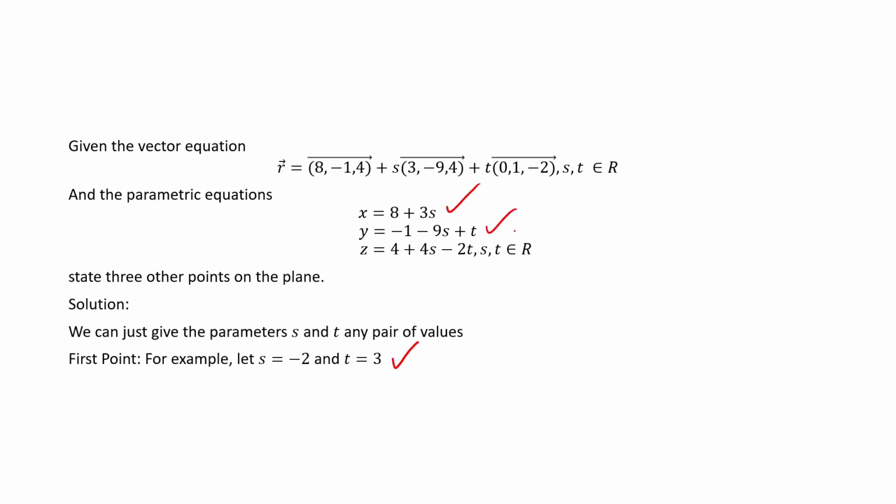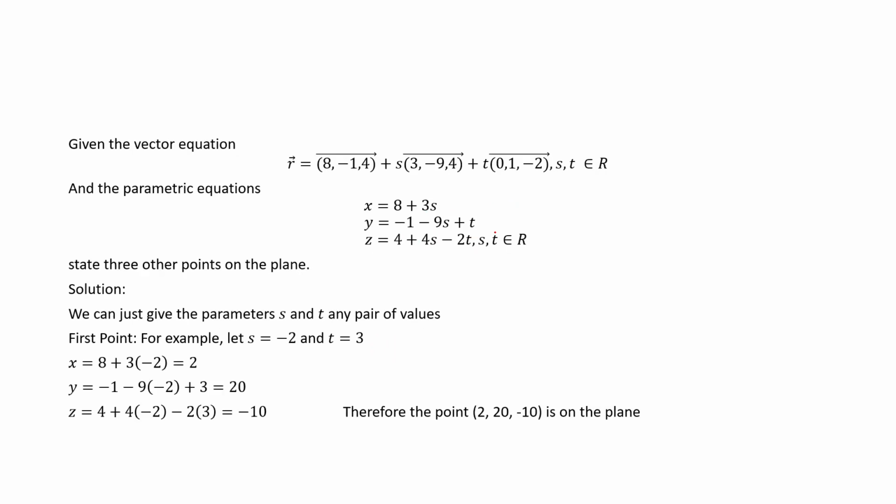We're just going to evaluate x, y, and z and call that a point. If we let s equal -2 and t equal 3, 8 plus 3s is 2, -1 minus 9s plus t is 20, and 4 plus 4s minus 2t is -10. And so one of our points on the plane is (2, 20, -10).